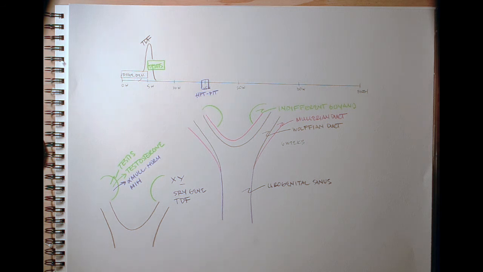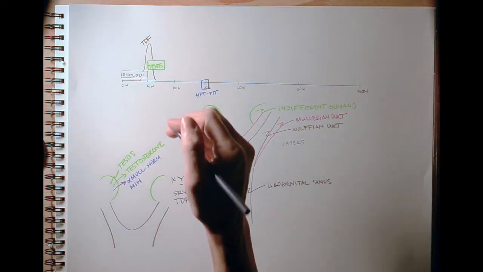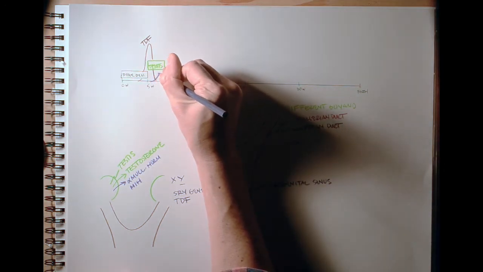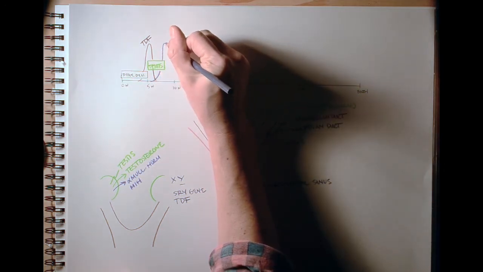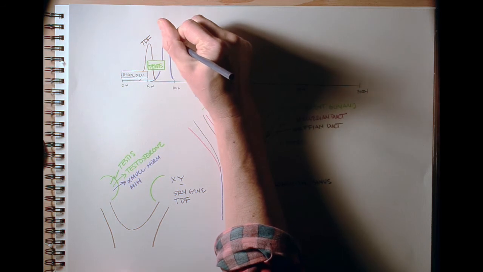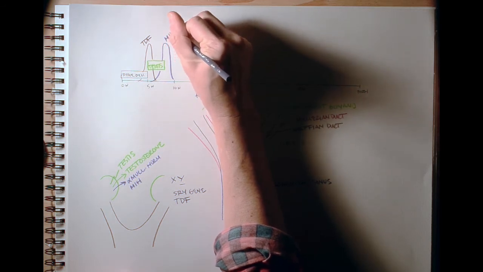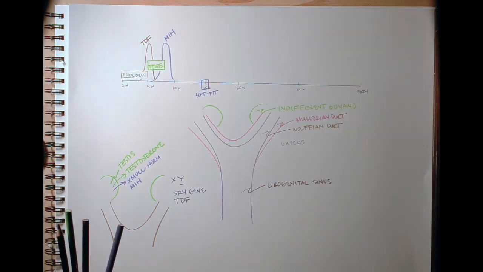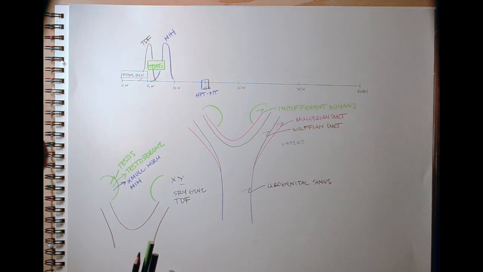And what that means is that shortly after establishment of the testes, shortly after establishment of Sertoli cells, and coincident with this expression of the anti-Mullerian hormone, or Mullerian inhibiting hormone expression here, we're going to see essentially a degradation of the Mullerian duct.